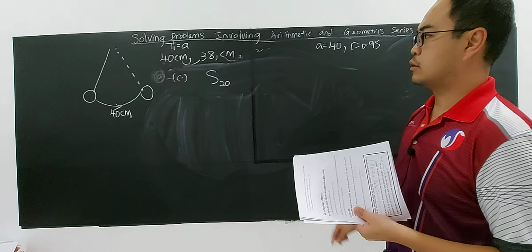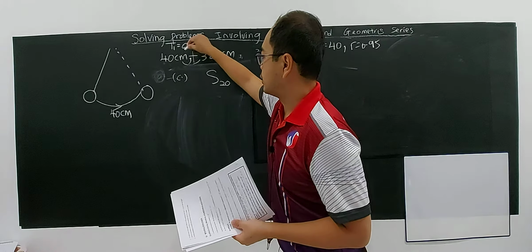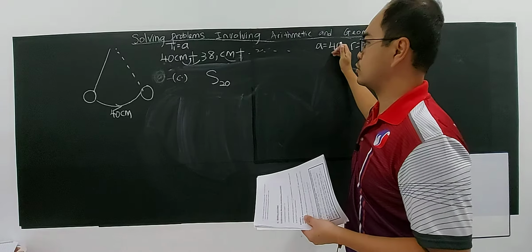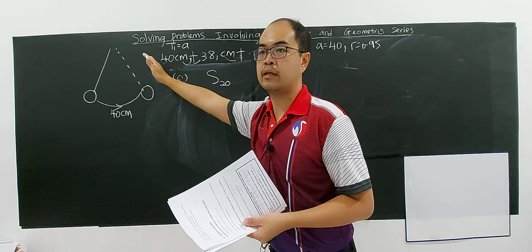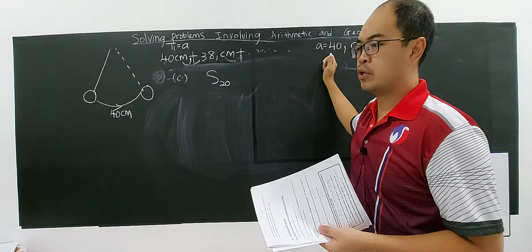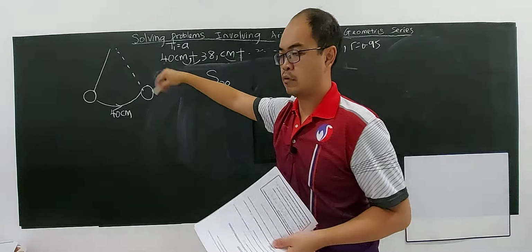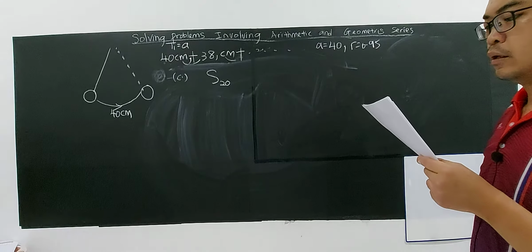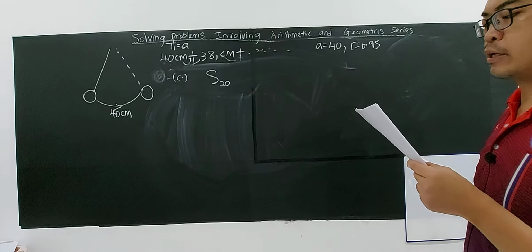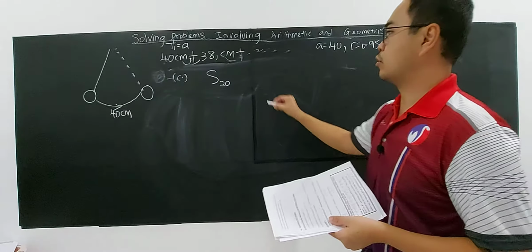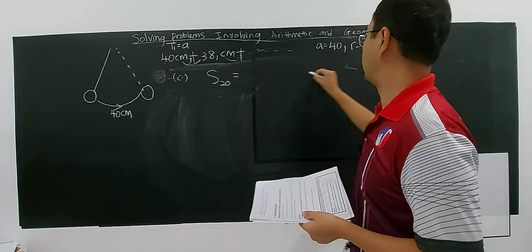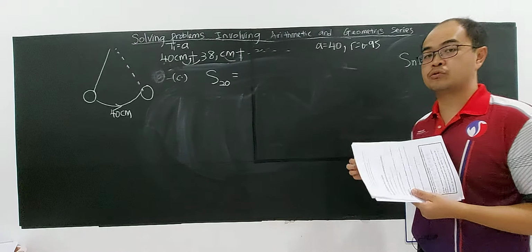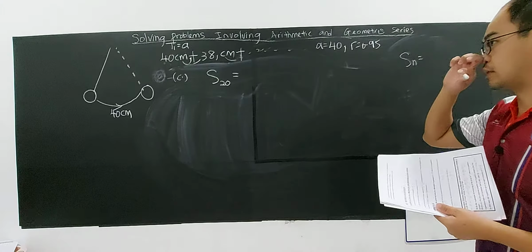Twenty swings means you take 40 plus the second swing, and you keep adding up to the 20th swing. If you add up everything, you will know the total length the pendulum has already covered. So for S20, very clearly you use the formula for Sn, because it involves a sum.